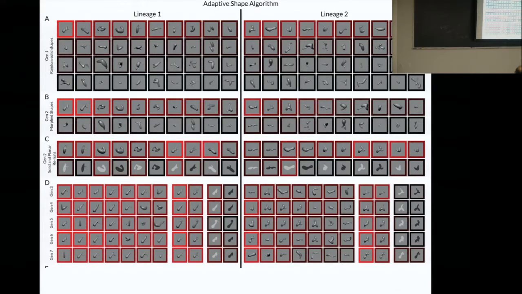Lineage 1, generation 2, lineage 2, generation 2, and then what we've done here is for generations 3, 4, 5, 6, and 7, show the highest response stimuli and show an example of one of the stimuli that was tested in the 4 different conditions for both lineage 1 and lineage 2.